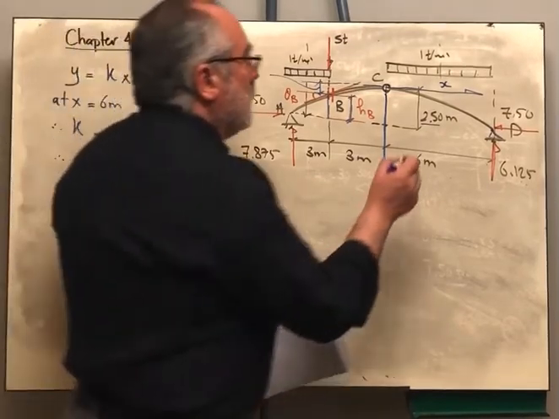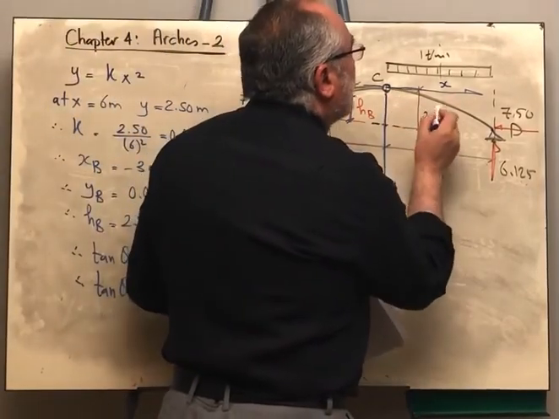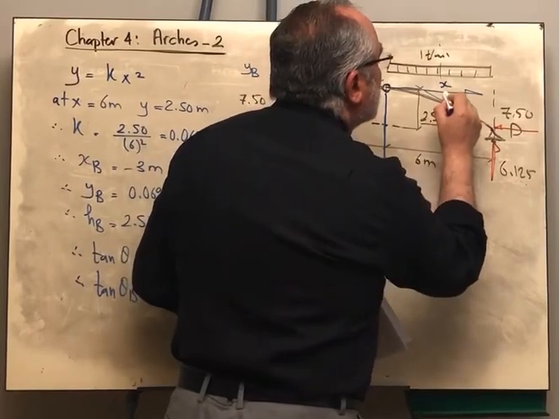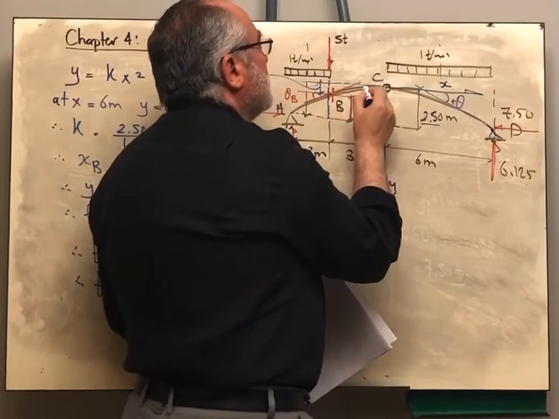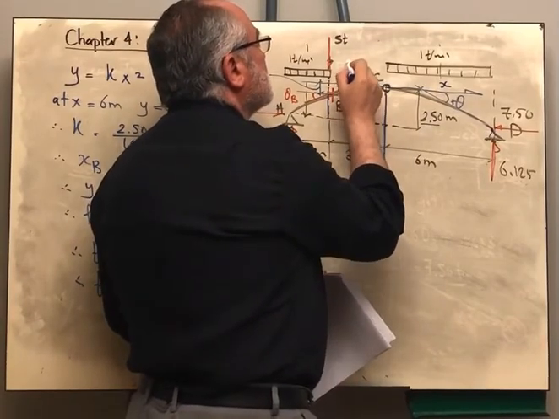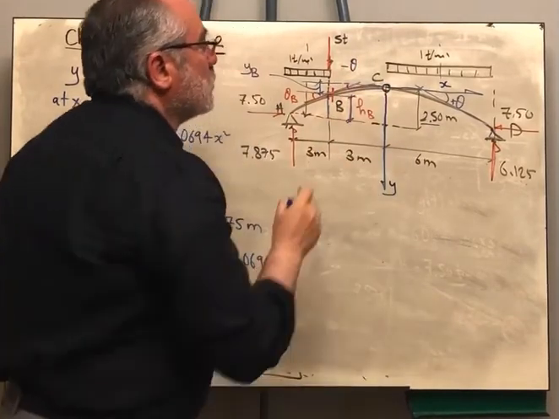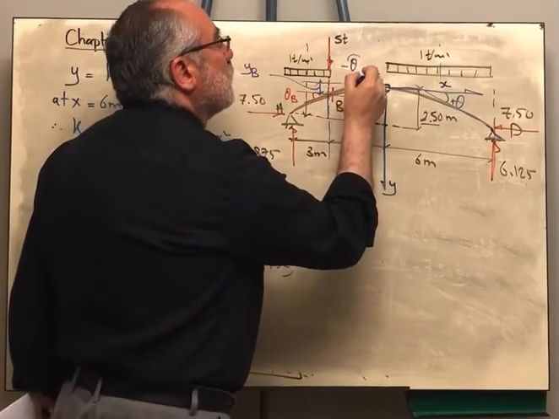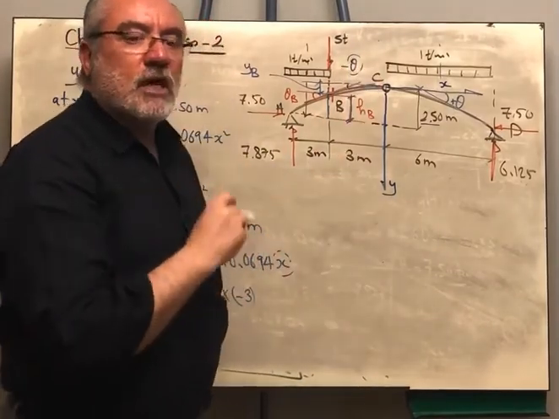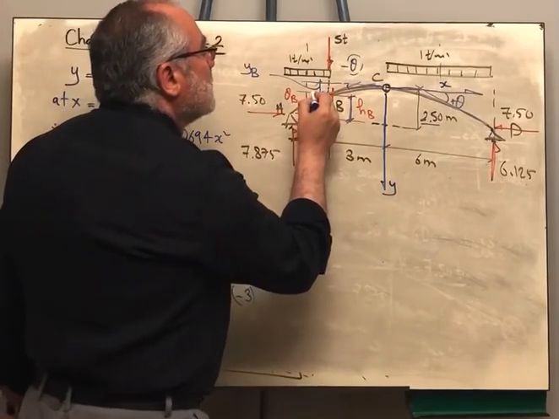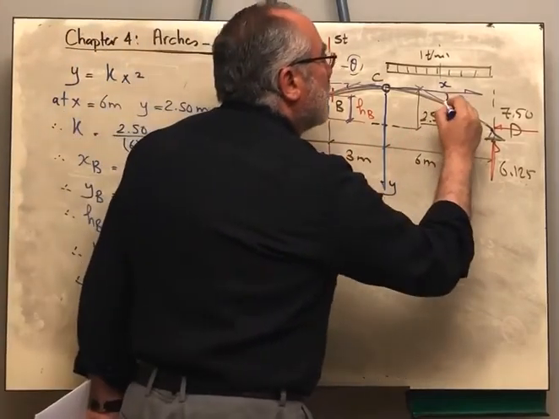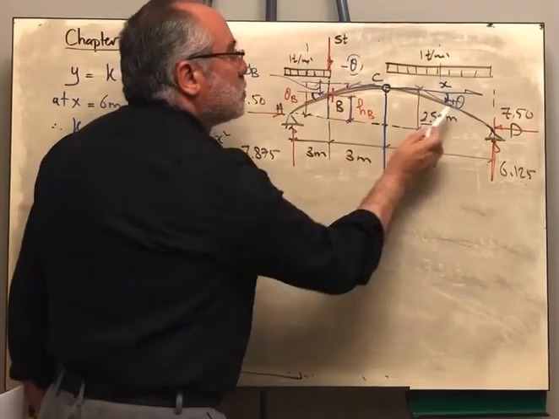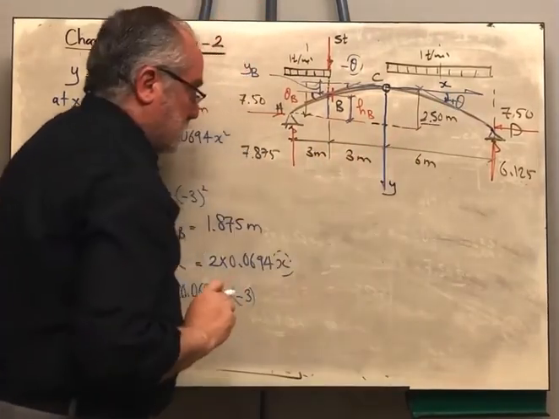Why? Because if we are in the positive quadrant, this slope here is positive. But if we are in the other negative quadrant, this slope here is negative. Of course, we need the magnitude of theta. We don't care about the sign because we know that this angle is measured in the counterclockwise direction, but this one is measured in the clockwise direction. That's why they have opposite signs.